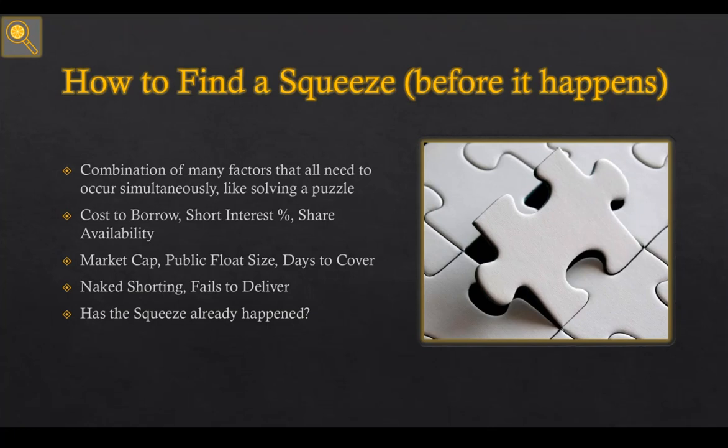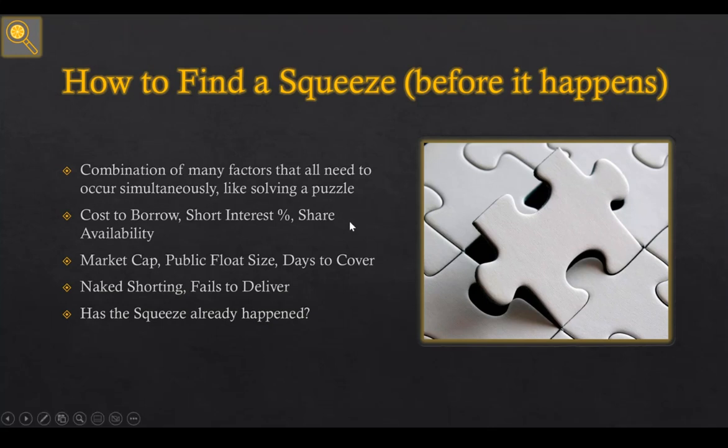That happens constantly on all kinds of stocks. But when we see a high number of FTDs, that's when we kind of know that the big institutions lending these shares out are not able to actually find the shares that they're lending out. It's a very controversial topic, but I built an indicator that goes into the system that looks at that specifically.